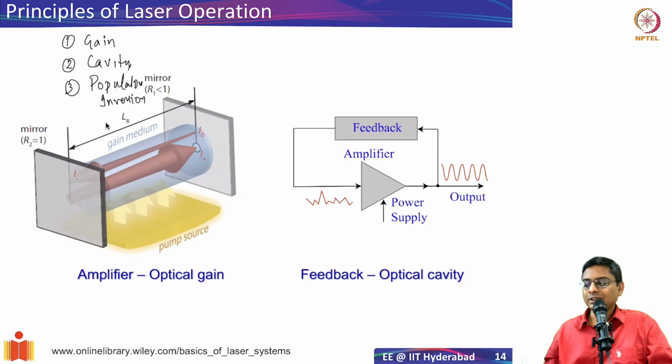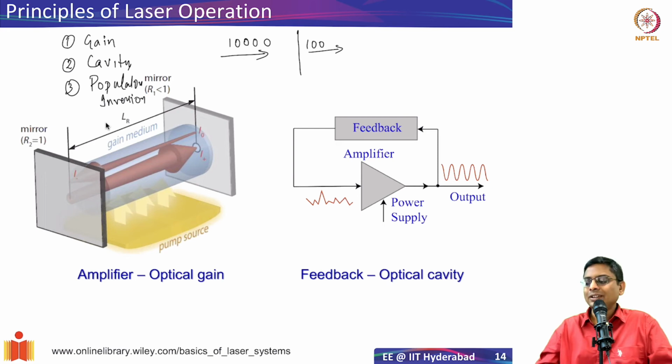Let's say 2 mirrors. Why are 2 mirrors important? Well, think about a very simple case. Let's say I have a mirror which has 1% transmission. I'll consider one mirror like this, and I shine photons from this side, and it has 1% transmission. So if there are, let's say, 10,000 photons incident on this, with 1% transmission, the number of photons that come out of this side should be 100 photons.